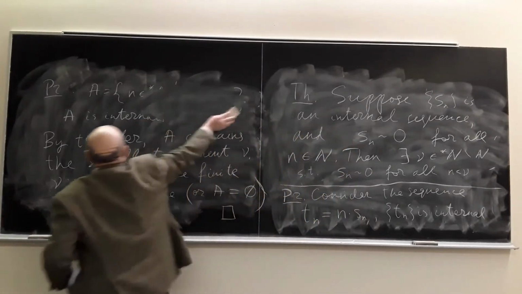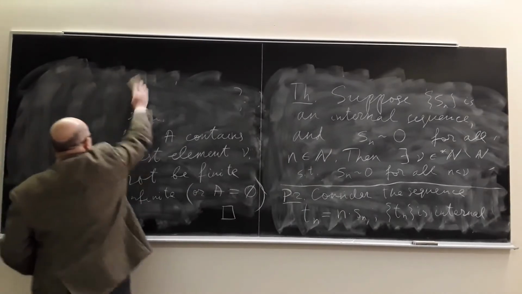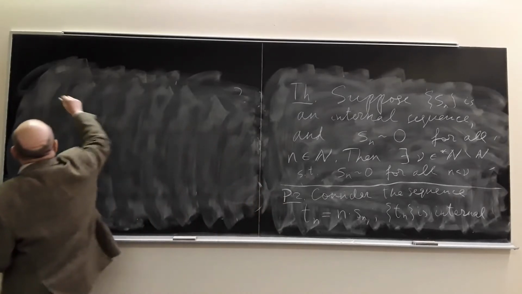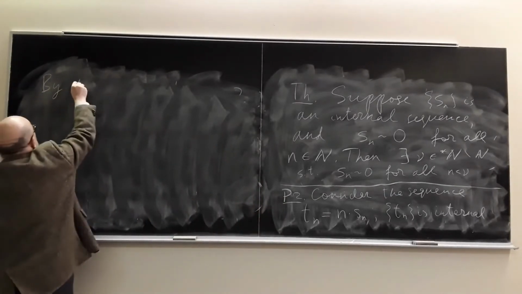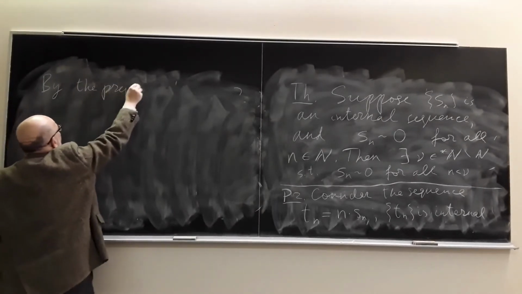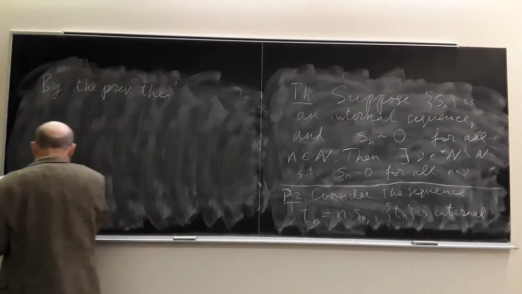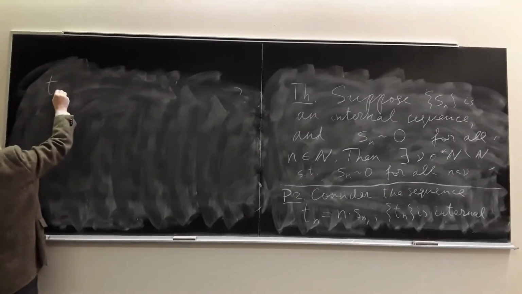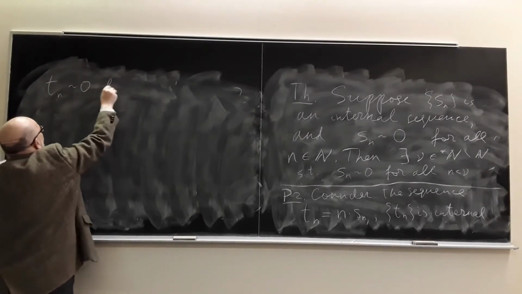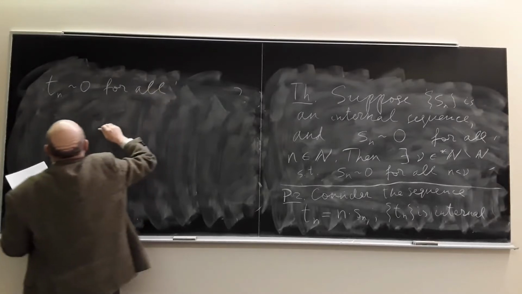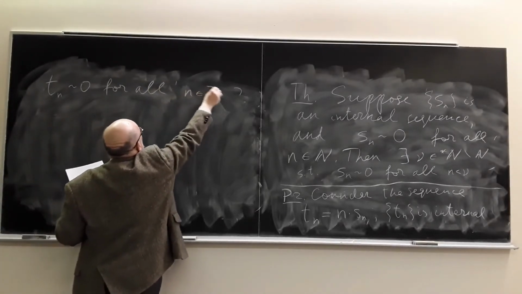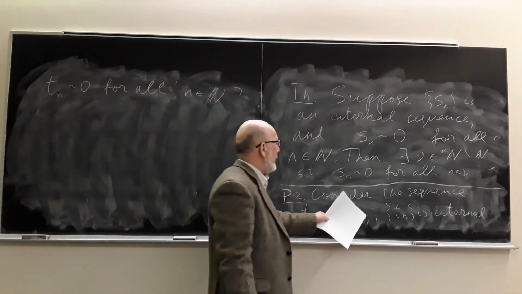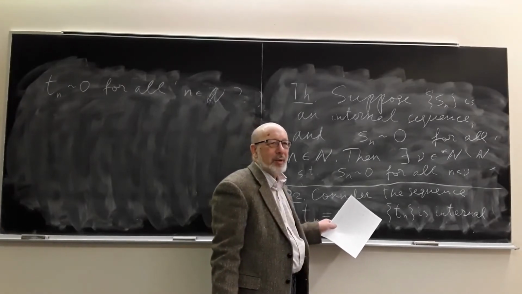And by the previous theorem, Tn for all n in N: if Tn was infinitesimal, then multiplying by n leaves it infinitesimal.